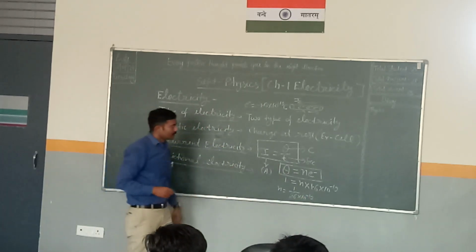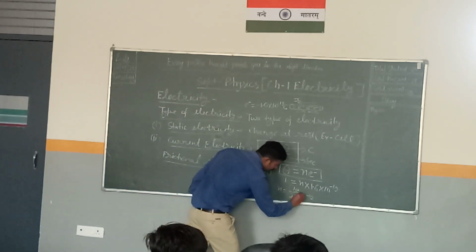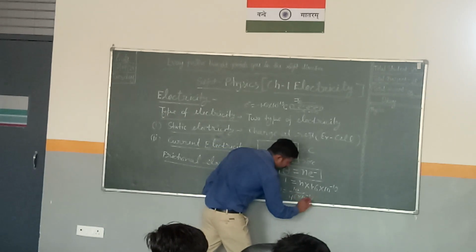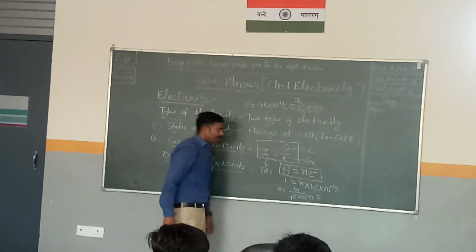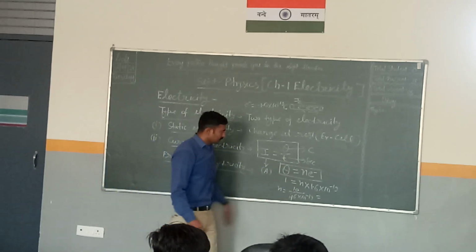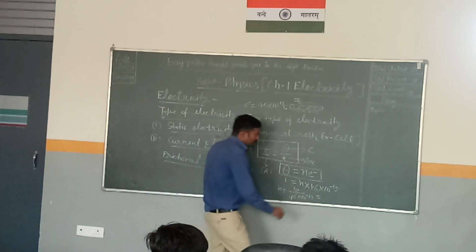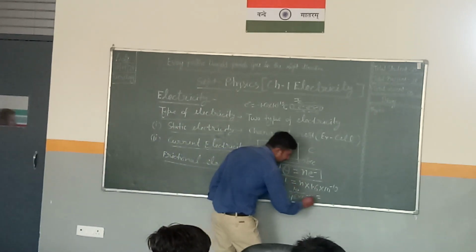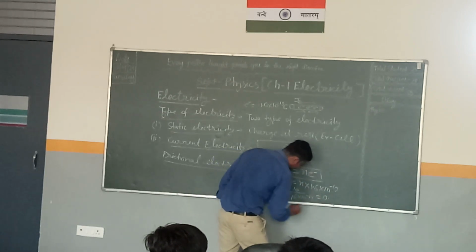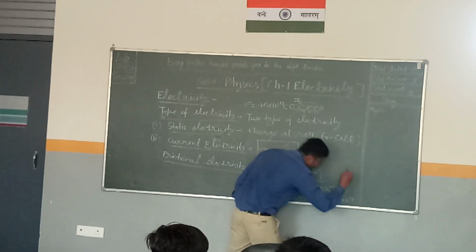Now, move the decimal point, remove the point and add a 0 in the numerator. Transfer 10 to the power minus 19 into the numerator. It will become 10 to the power positive 19. Got it? 10 divided by 16 is 0.625, into 10 to the power 19.